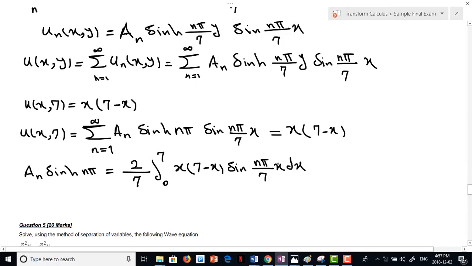So you just have to find this integral. This integral you can easily find using integration by parts.